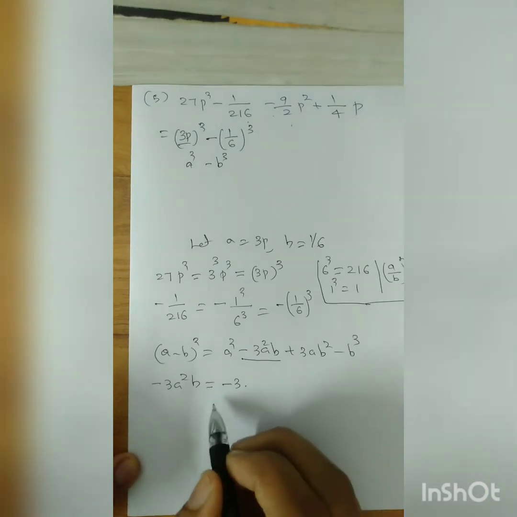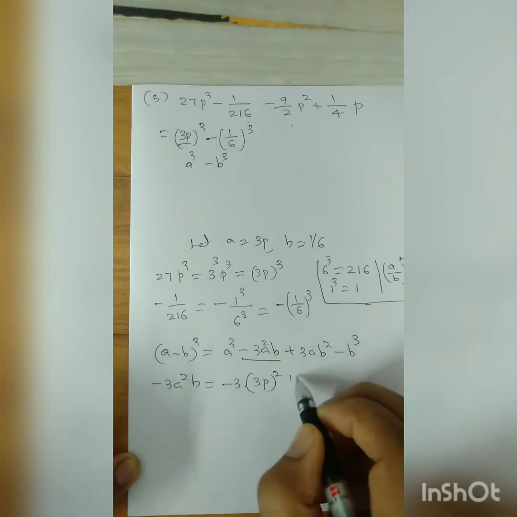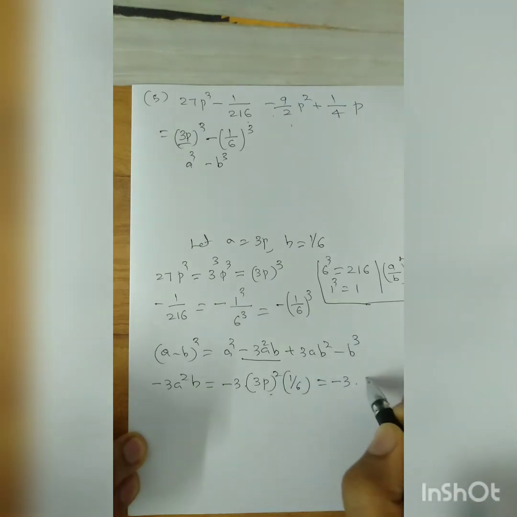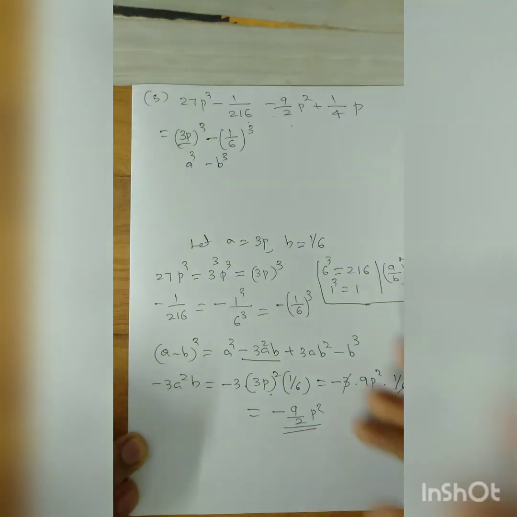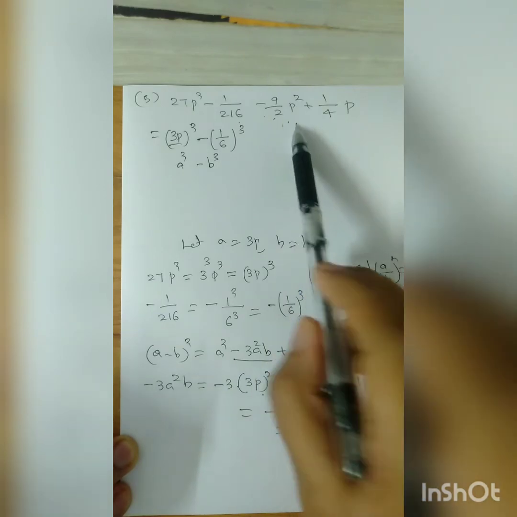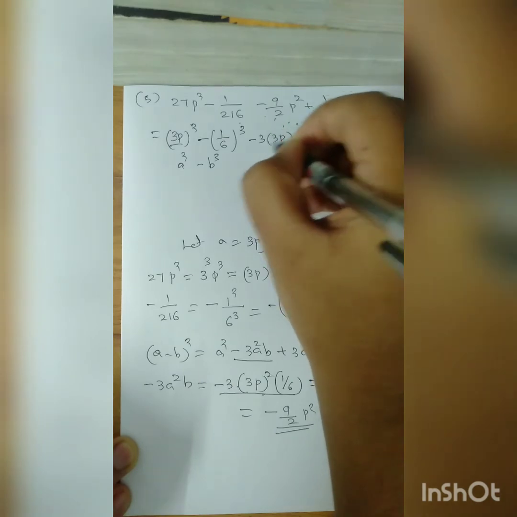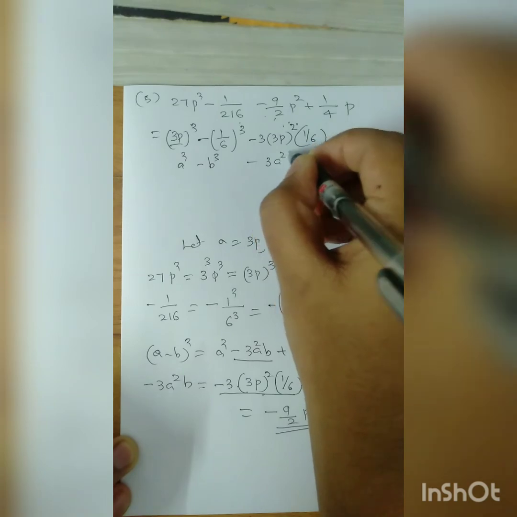So minus 3a squared b is equal to minus 3 into 3p squared into 1 by 6, which is equal to minus 3 into 9p squared into 1 by 6, which is 3, 6 are cancelled, which gives 2, which is equal to minus 9 by 2 into p squared. So the term minus 9 by 2 p squared can be written as minus 3 into 3p the squared into 1 by 6. This is in the form of 3a squared b.